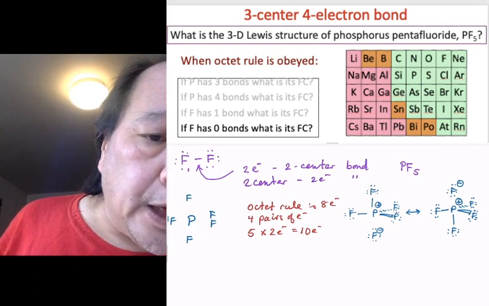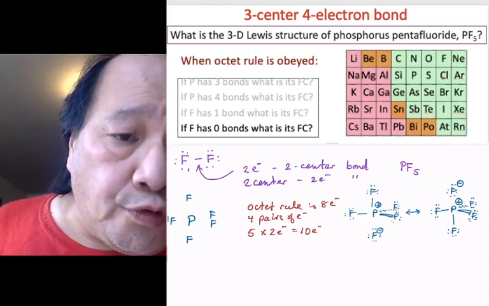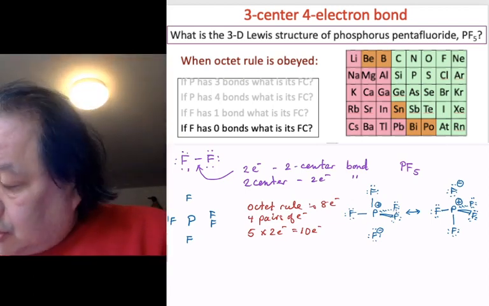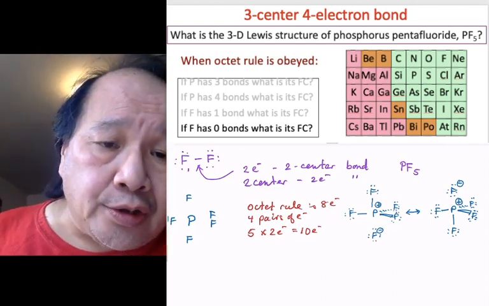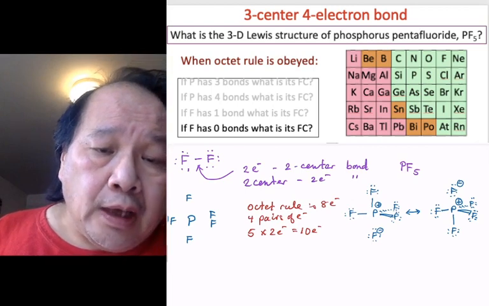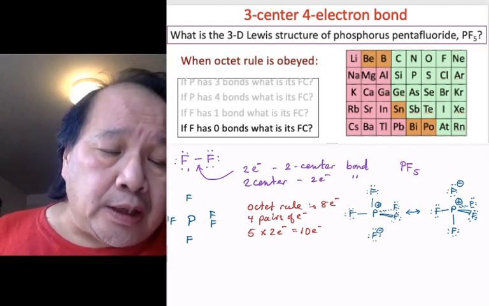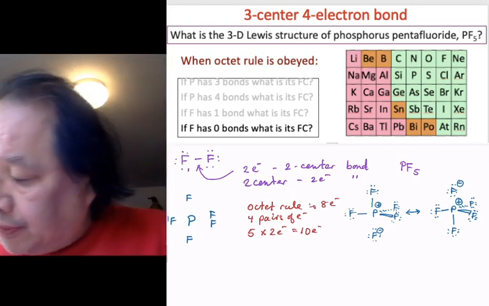So, remember what I said? Atoms don't move in resonance structures. So, half the time, the phosphorus is making a bond to the fluorine on the top. And half the time, it is making one with the fluorine on the bottom.